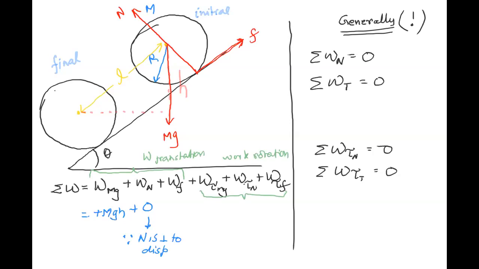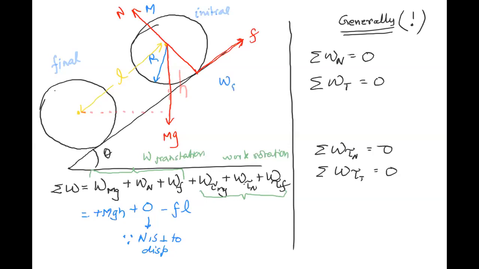So in translation, work done by normal reaction will be 0 because the normal reaction is perpendicular to the displacement. Work done by friction should be equal to minus F into L. Why?